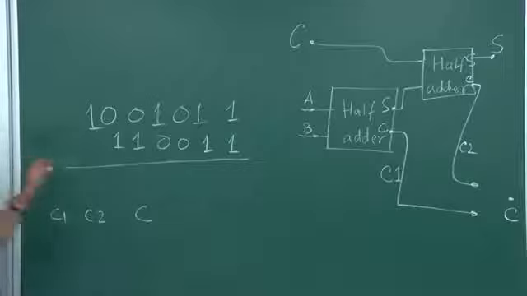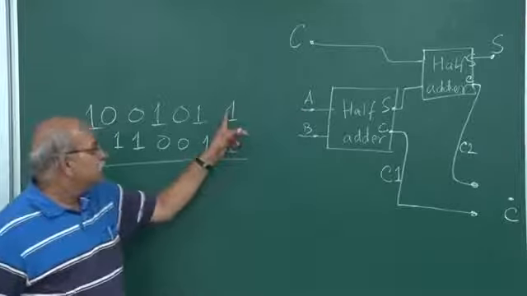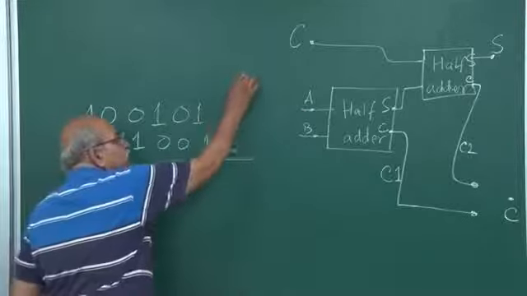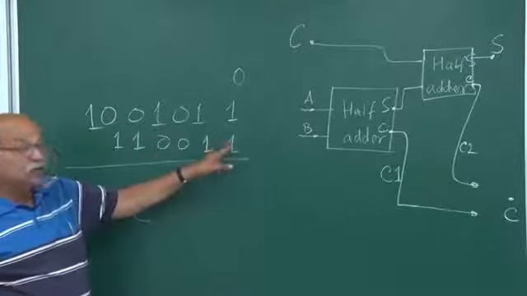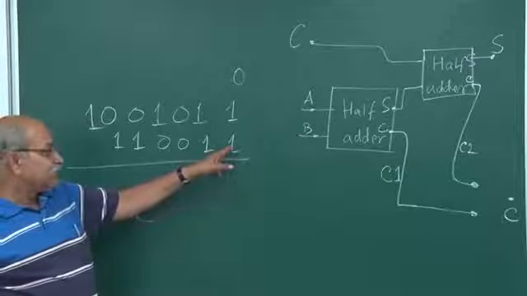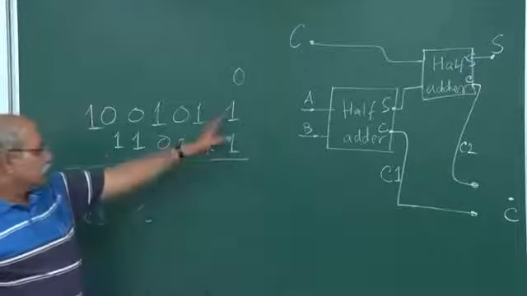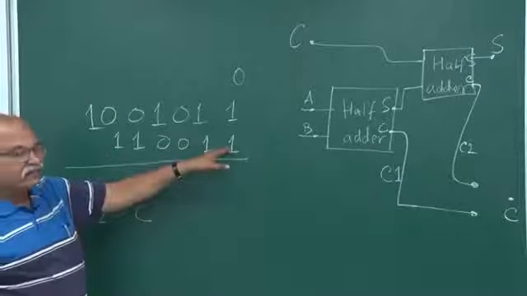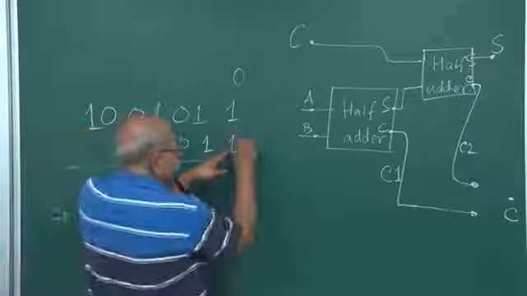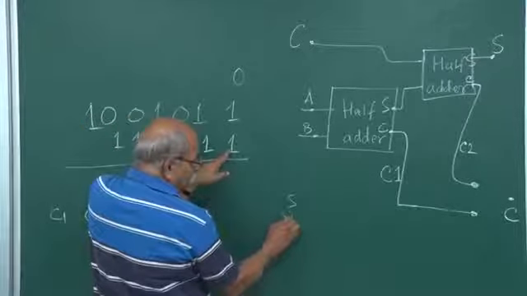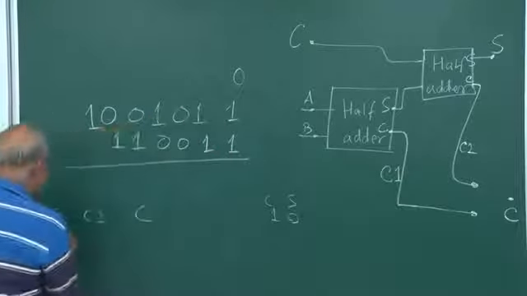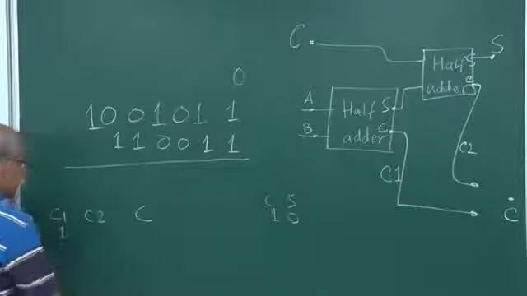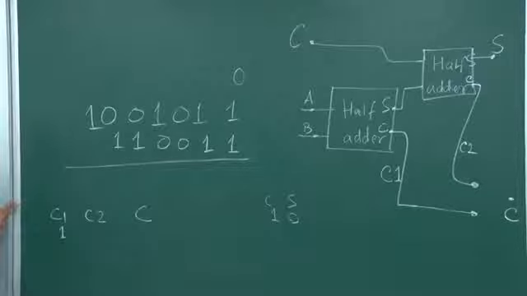What is C1? When you add this A and B, what carry do you get? That is our C1. So 1 and 1 if I add, I get a sum of 0 and a carry of 1. So my C1 is 1. And what is C2?